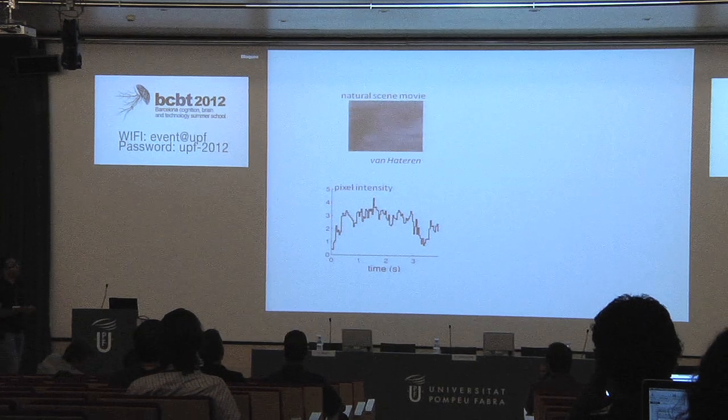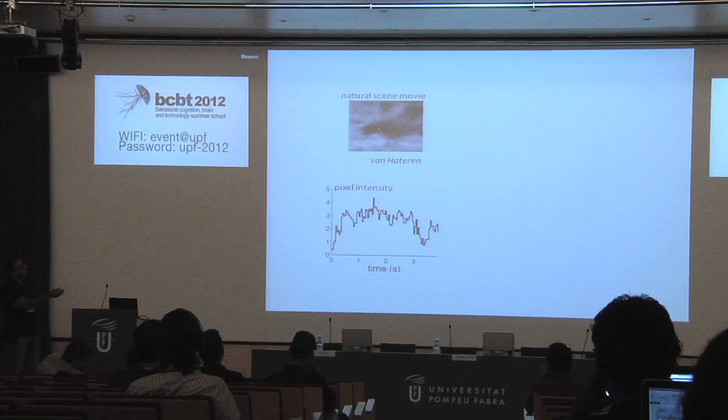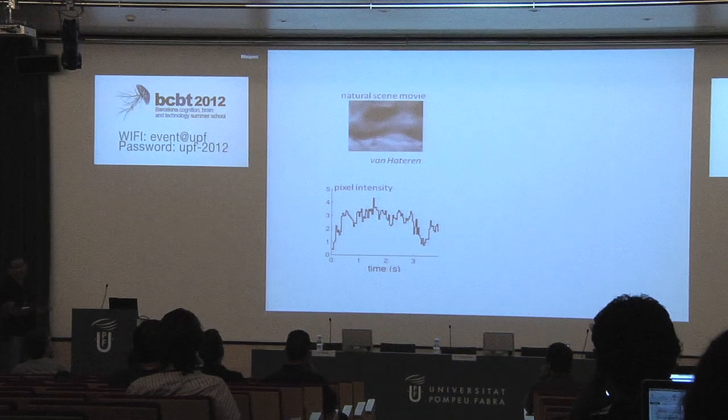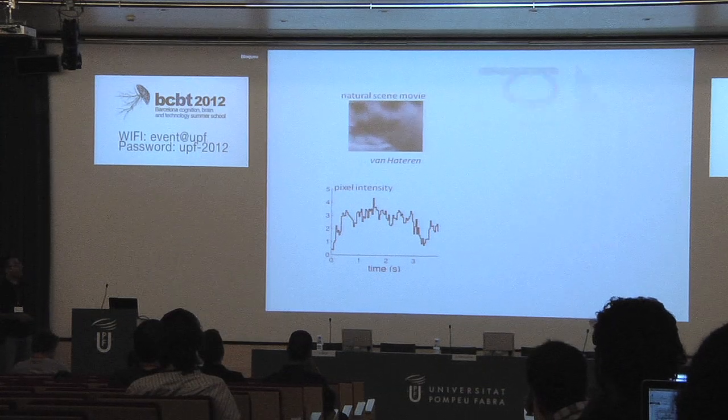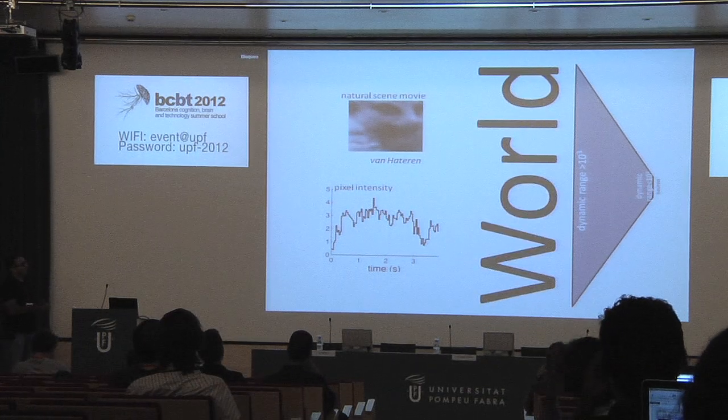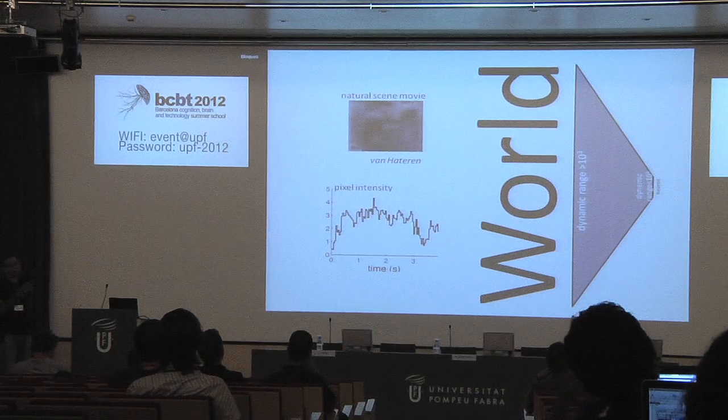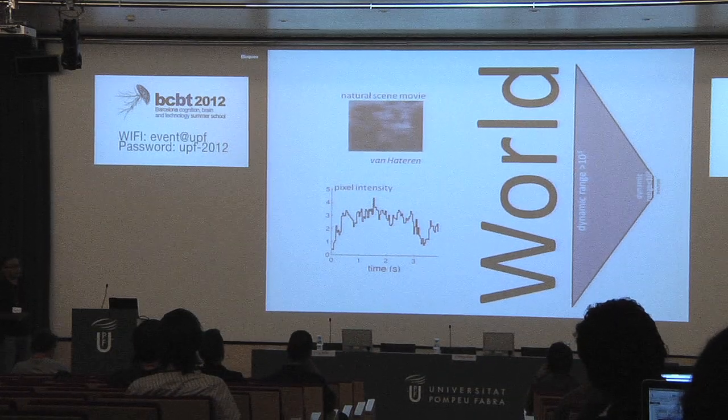And the key observation here is that if you look at a natural movie like this one and plot the intensity of this one pixel as a function of time and look at the intensity variation, you will find out that the dynamic range of intensity variations is huge.